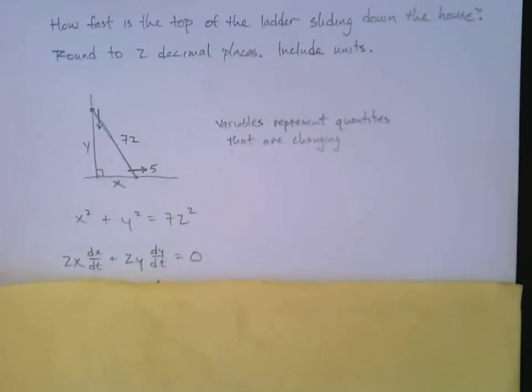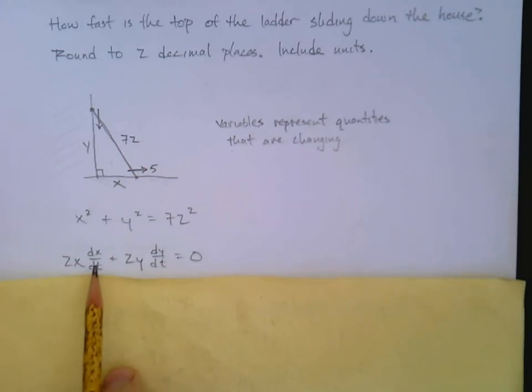We need to go back and read the question again and identify which of the two rates they're asking about. And maybe that's not really necessary here. We get it, we've got a nice drawing, but I'm going to do it again. How fast is the top of the ladder sliding down the house?